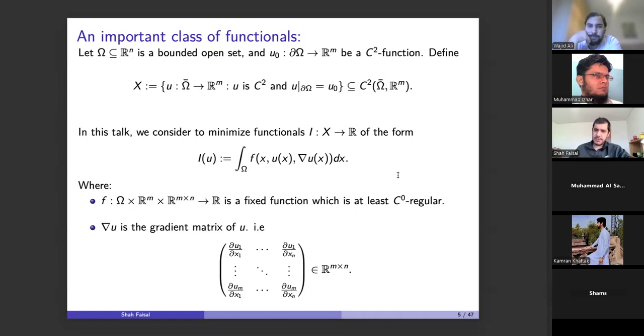And it gives you a well-defined real number, well, if small f satisfies some good conditions. And we are interested to minimize this functional for different choices of the space X. And this class of functionals is really important. In most of the practice, these kinds of functionals appear, but they're not the only ones. But in this talk, I will restrict to this case. Okay.